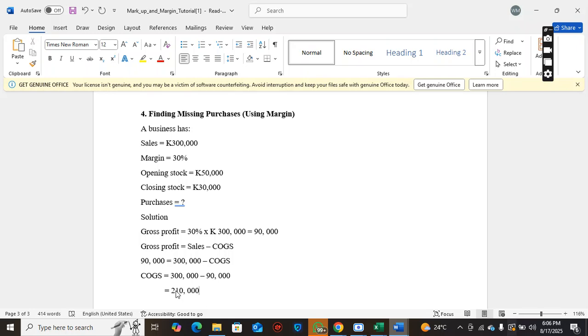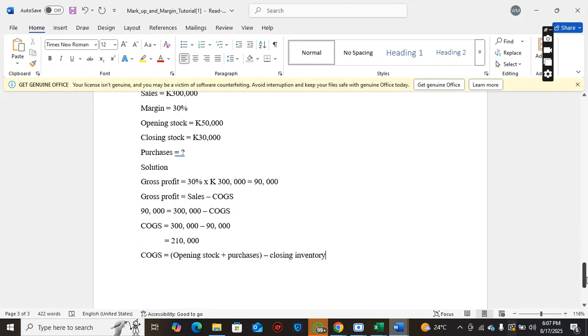Since we've got our cost of goods sold, we can now determine our purchases. Cost of goods sold is opening stock plus purchases minus closing inventory. Make purchases the subject of the formula.